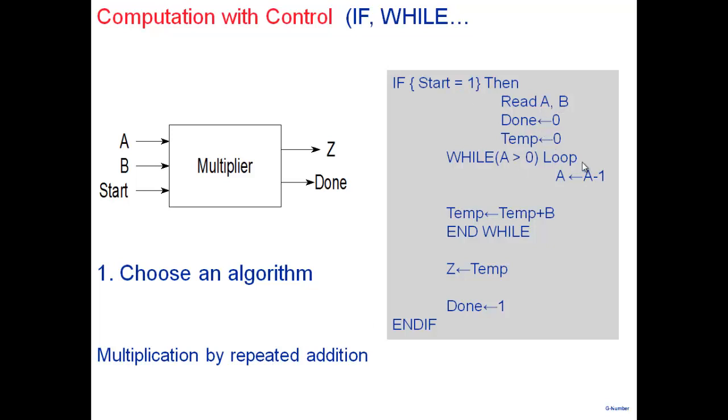While A is greater than 0, I loop: A equal to A minus 1, temp equal to temp plus B. I keep on adding B till I have something in A. That is multiplication by repeated addition. And whatever is stored in temp, I output it to Z, done equal to 1. Okay. Very simple algorithm for doing multiplication by repeated addition.